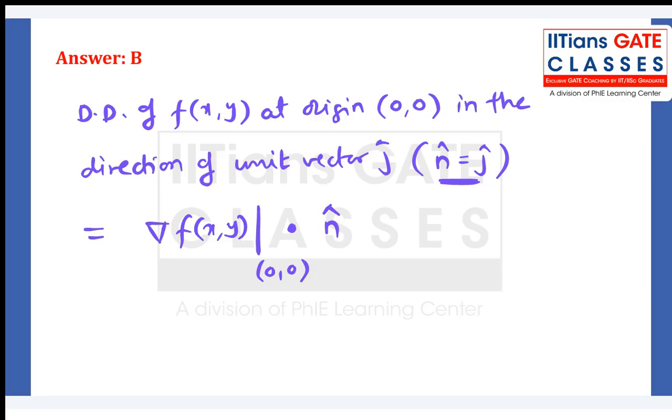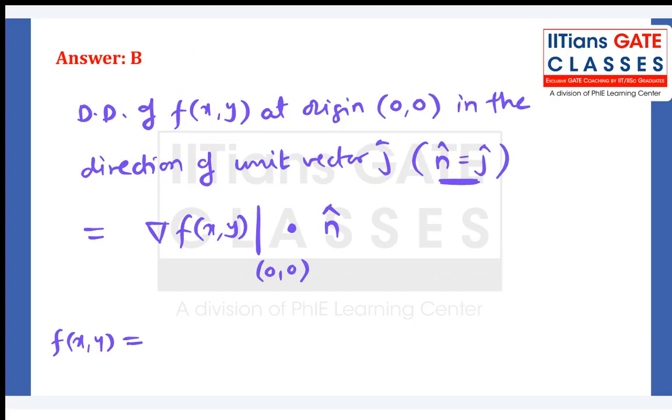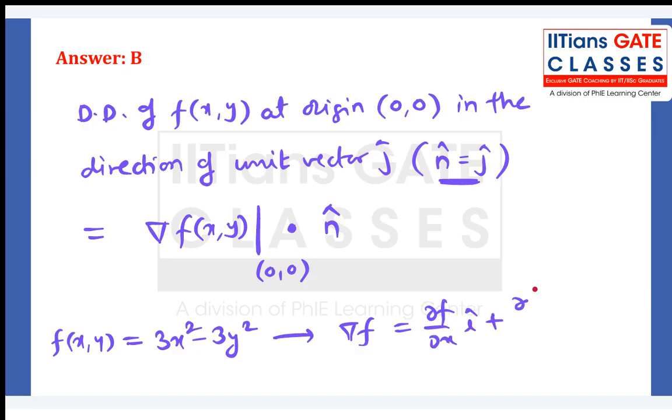So now let's first find the gradient. Your f(x, y) is 3x square minus 3y square. So your gradient is nothing but del f by del x i cap plus del f by del y j cap.